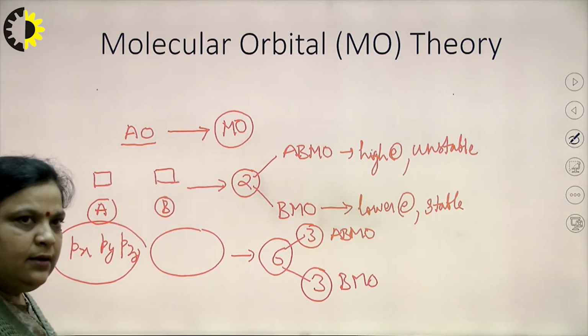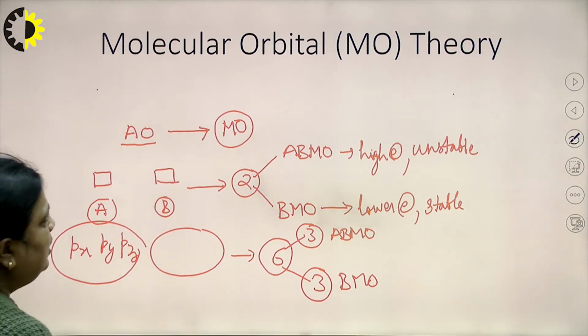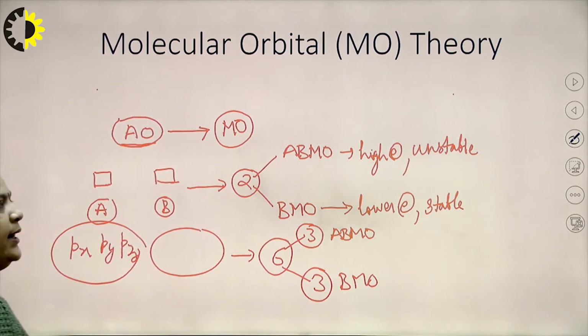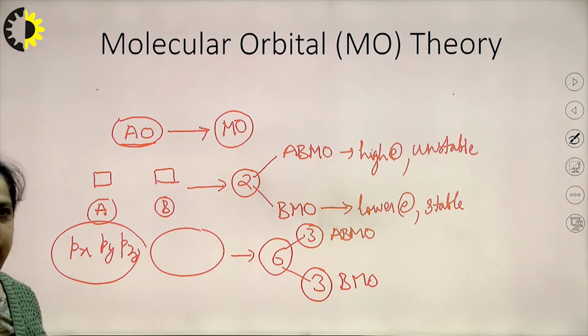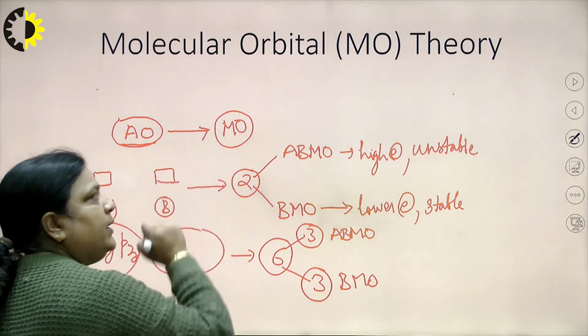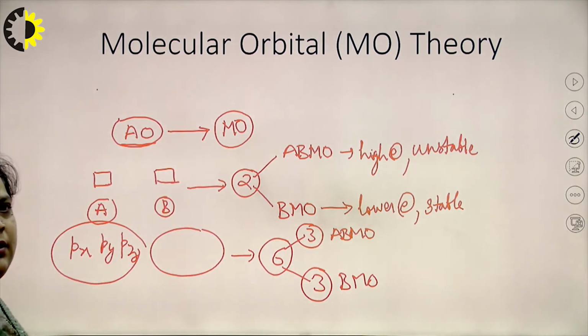Is it clear? So, the next question which arises in our mind is what is the basic difference between atomic orbital and molecular orbital? Atomic orbital means it belongs to an atom, while the molecular orbital belongs to a molecule.